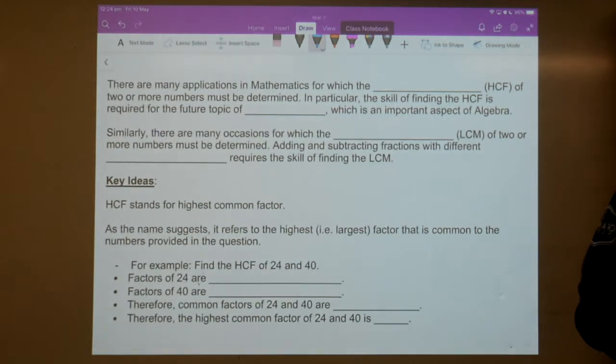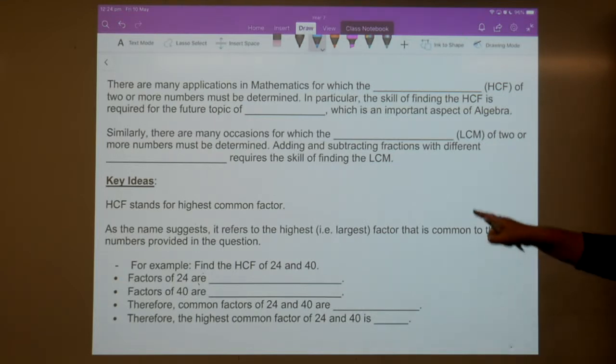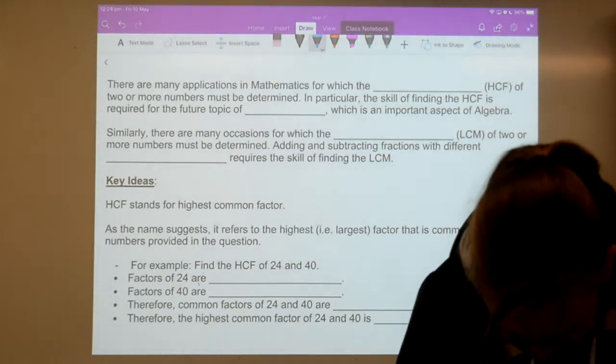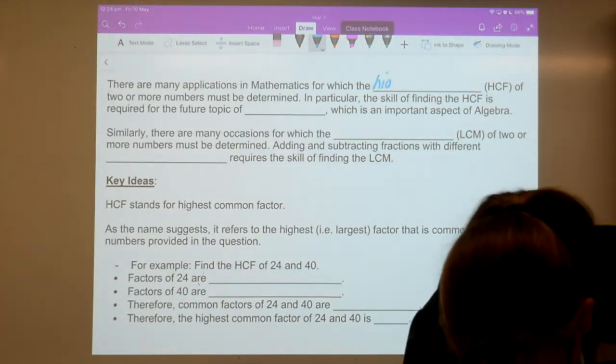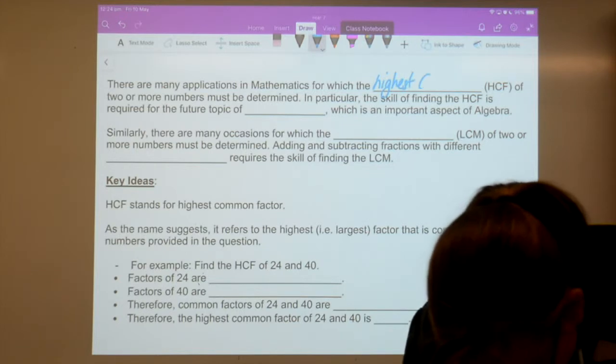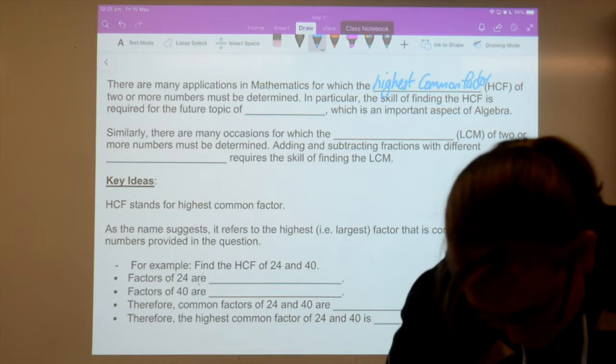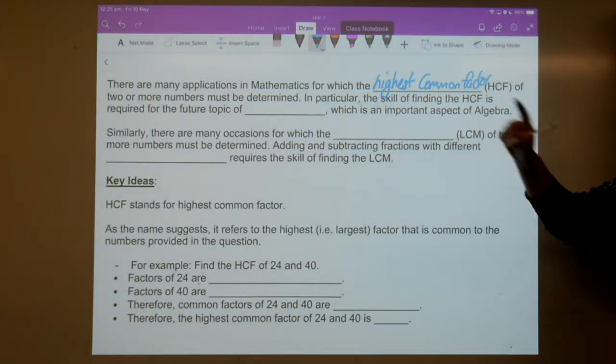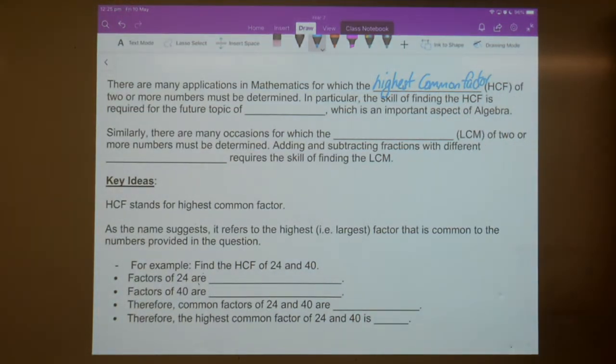There are many applications in mathematics for which the HCF, or the highest common factor, is used. You'll learn about all of those in the coming years.